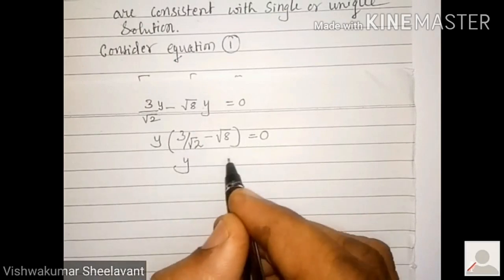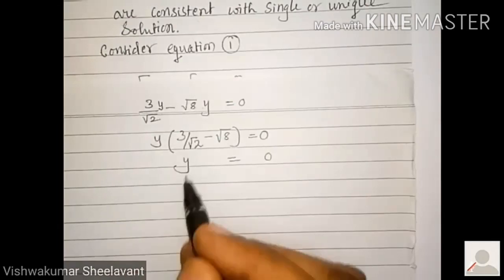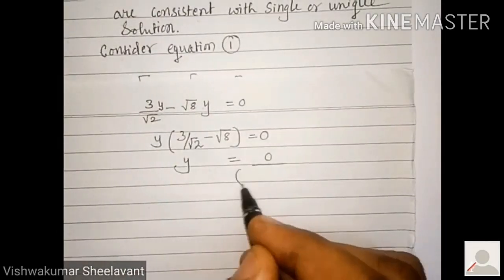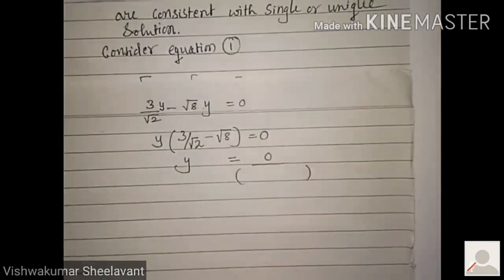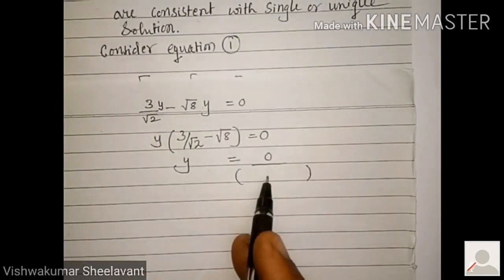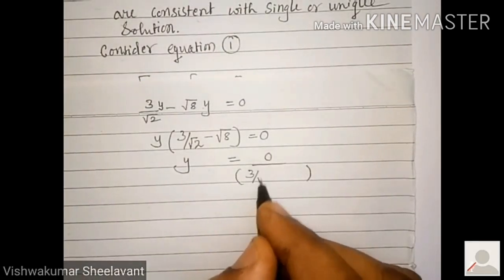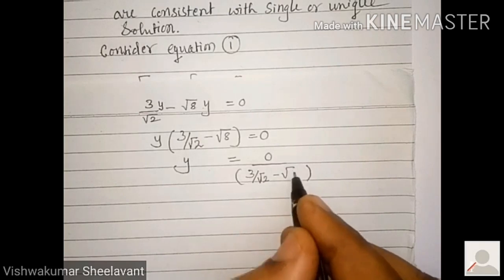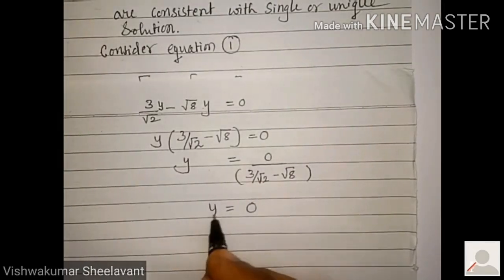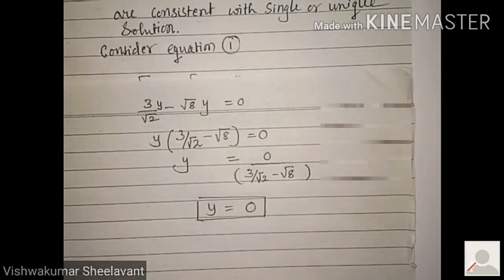Now y equal to, these two are multiplied. You bring this bracket on this side, it will divide. So you will have 3 by root 2 minus root 8. 0 by anything is 0. So you get y equal to 0.